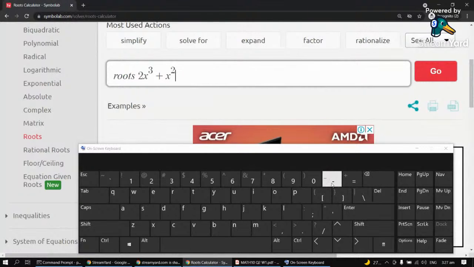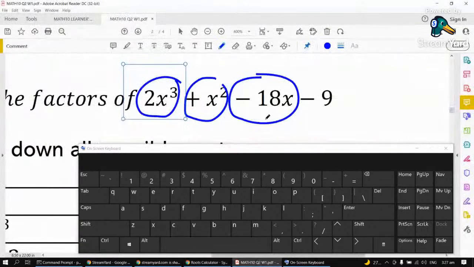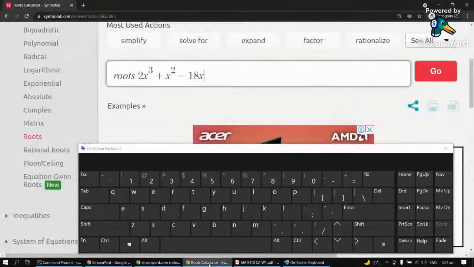So, click natin tong minus. Type tayo ng 18. And then, lagyan natin ng x. Yan. And then, last term is the negative 9. So, negative 9.